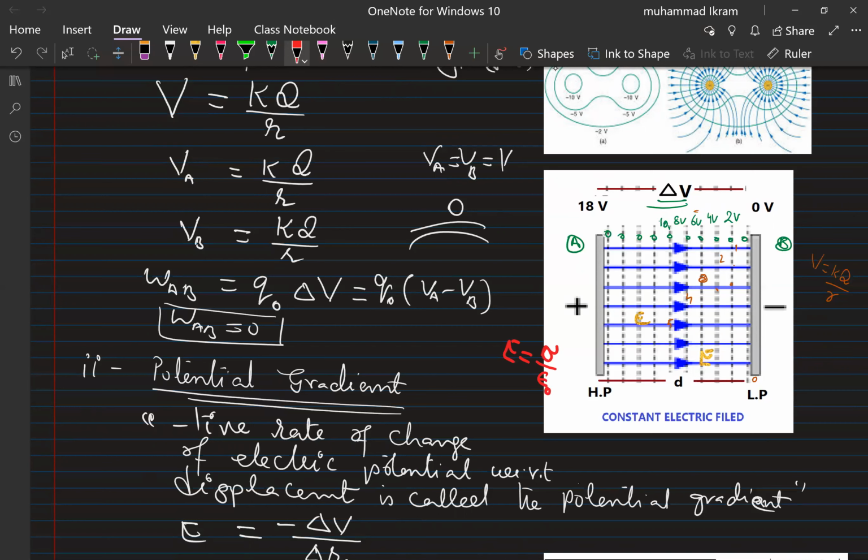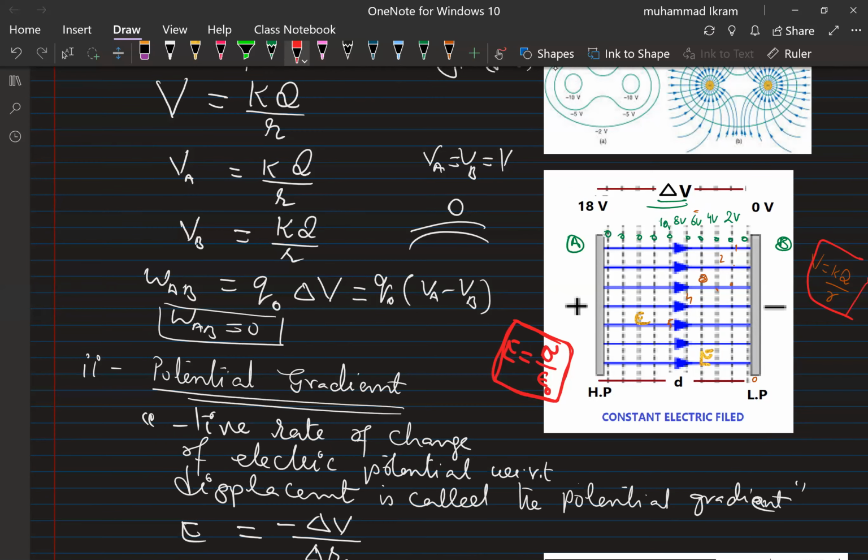So you see that it has no dependence on r. So the electric field intensity is the same, but V is changing, right? Your electric field intensity is the same everywhere, but potential is not the same everywhere, except along the equipotential lines, right? So you need to understand this thing here.